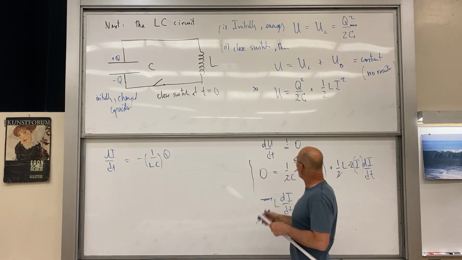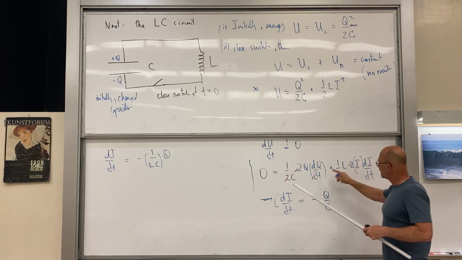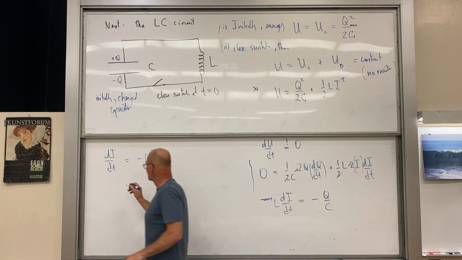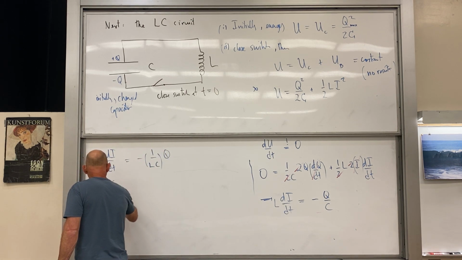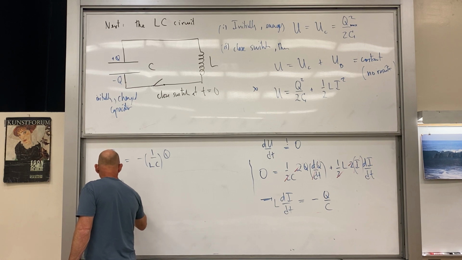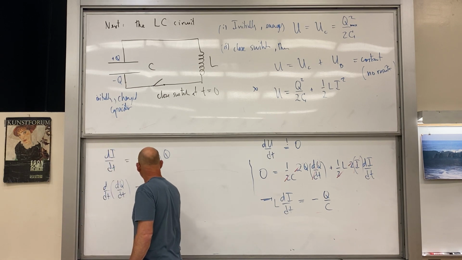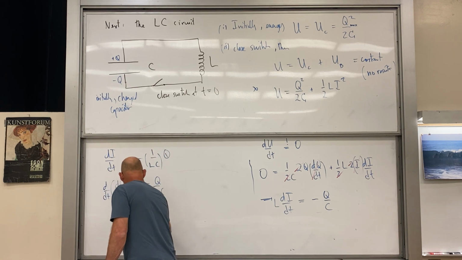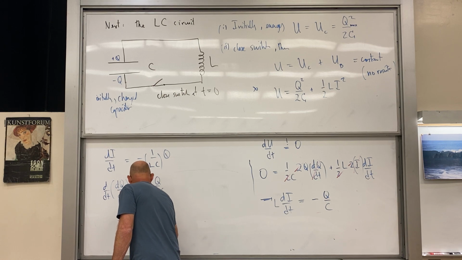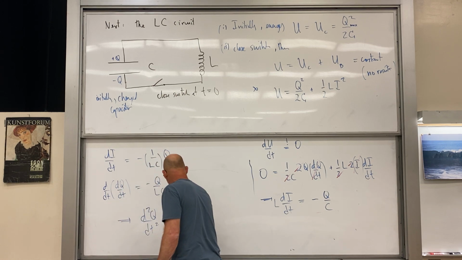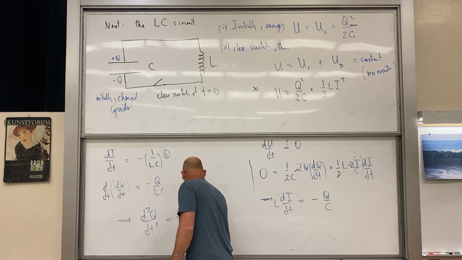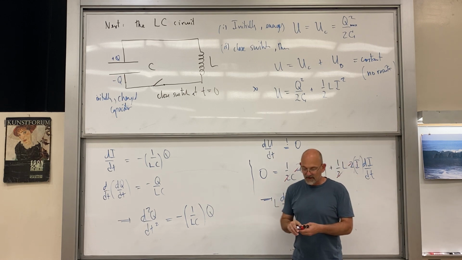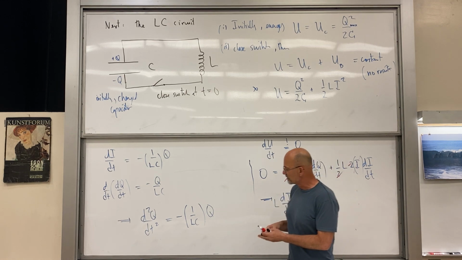But we already said that I is equal to dQ/dt, so that will be a second derivative. So d/dt of dQ/dt, that's the left side, equals minus Q over LC, and finally d squared Q/dt squared is equal to minus 1 over LC times Q. So at this point we have to recognize this as the harmonic oscillator differential equation.